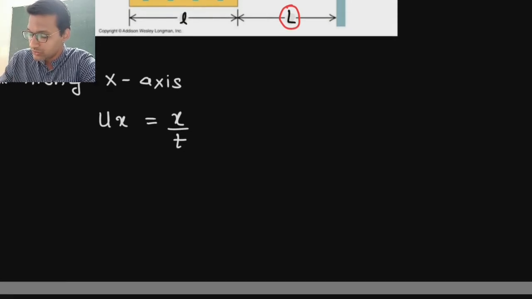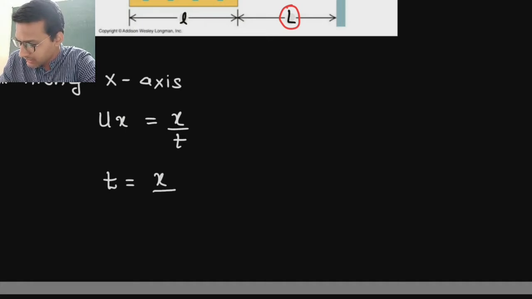So now here there is no force along the horizontal direction. So only this equation will be required to find out displacement and velocity. If we want the time for which it is going to travel, it will be x divided by ux. Let us call this equation number 1.